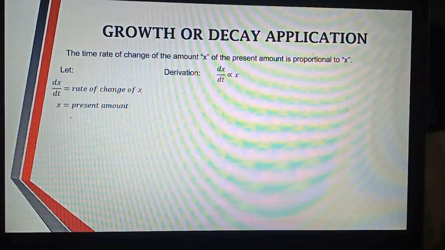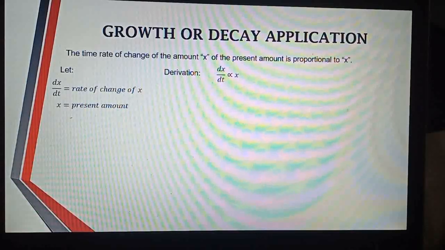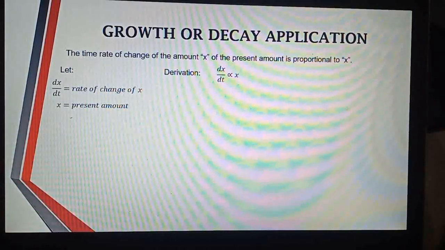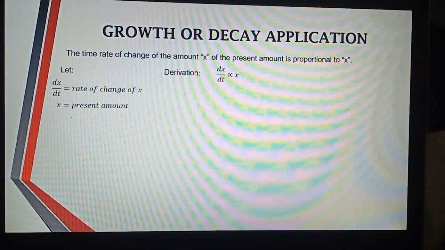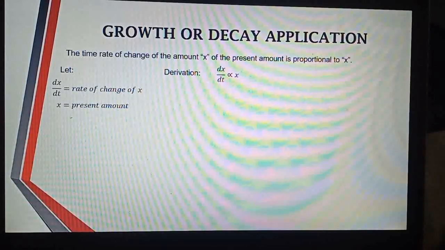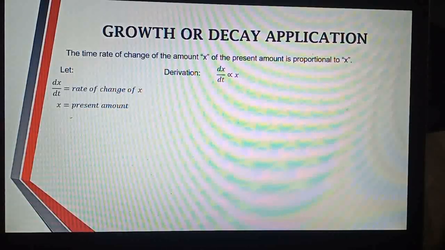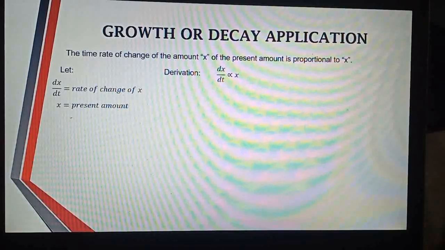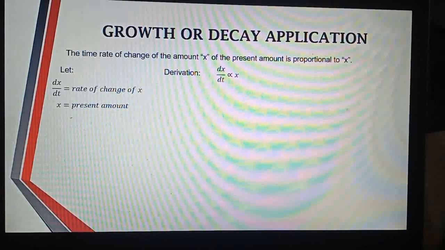So for the derivation, the definition of growth or decay application is: the rate of change of x, which is dx over dt, is proportional to the amount x, which is your present amount.